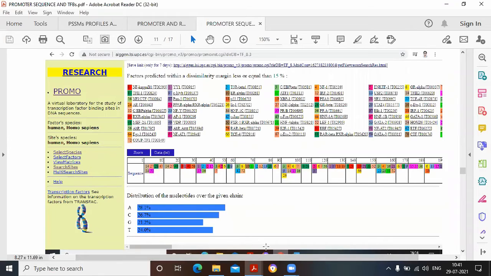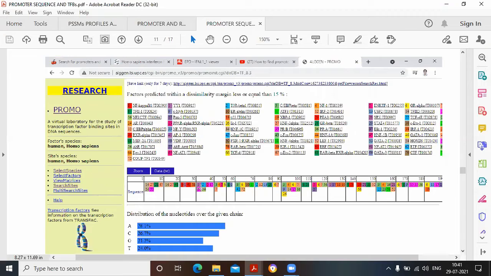If you scroll to the right side, you can see that the total nucleotides present are mentioned. The second thing is that this color indicates the corresponding transcriptional factor, which can bind to exactly which nucleotide sequence.